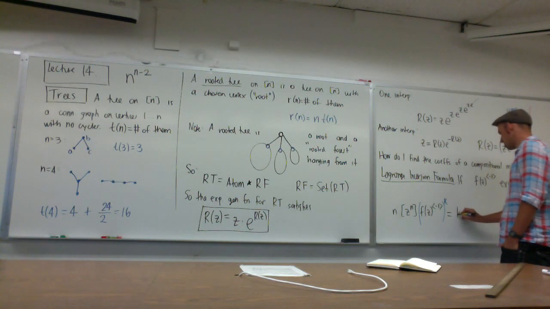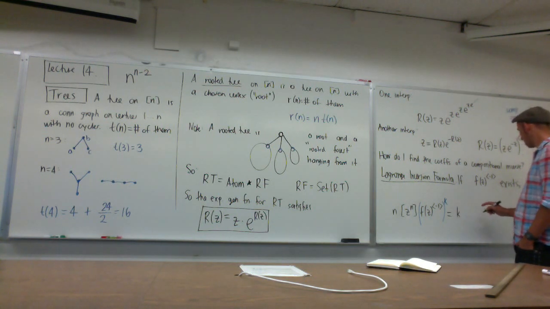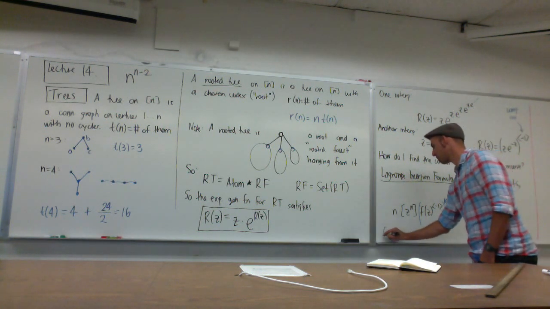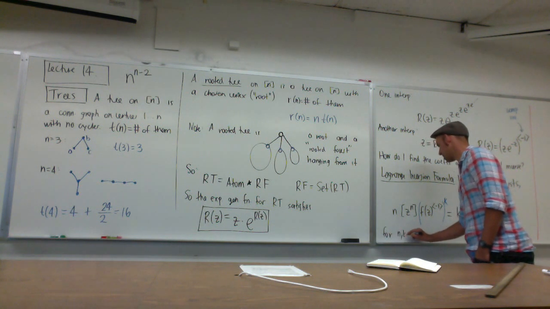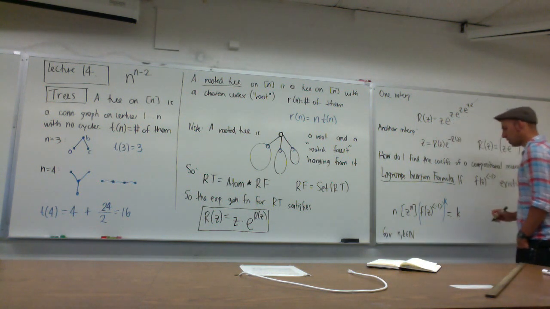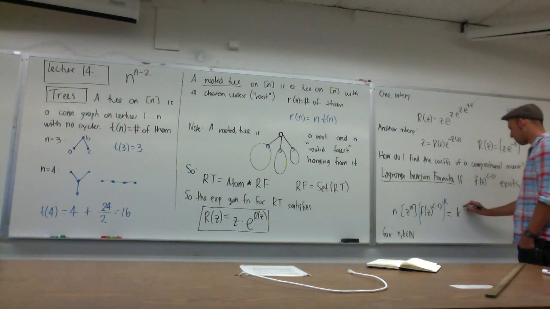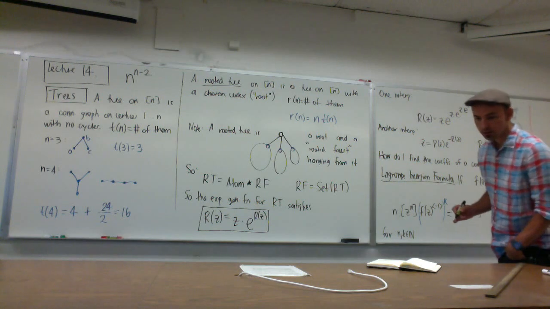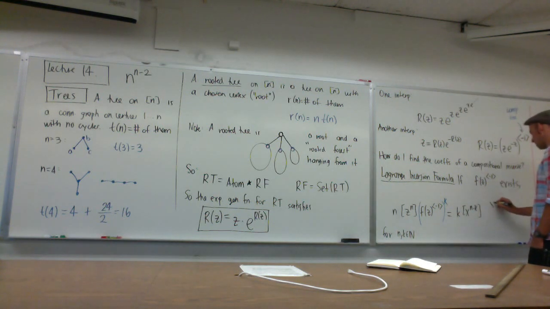So here I'll write for n and k in the natural numbers: n times the coefficient of z to the n in the k-th power of the inverse is equal to k times the coefficient of x to the n minus k in x over f of x to the n.